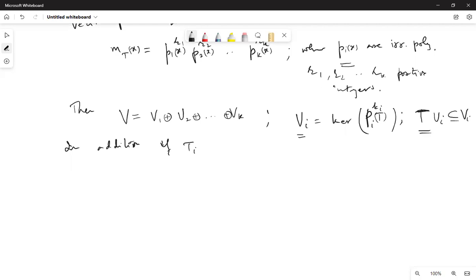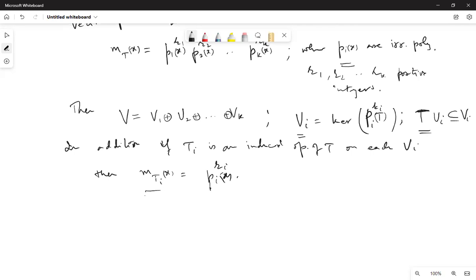Okay. In addition, if Ti is the induced operator of T on each Vi, then the minimal polynomial of Ti, m_Ti(x), is exactly pi(x) raised to the power ri.